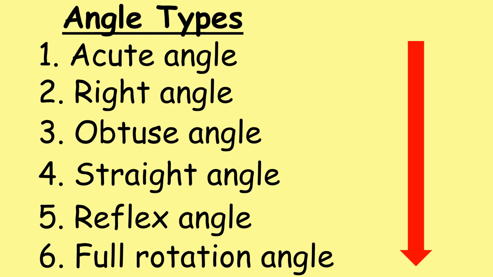So what it tells you is that an acute angle will be less than a right angle, and a right angle will be less than an obtuse angle, and an obtuse angle will be less in value than a straight angle, and then a reflex angle will be greater than a straight angle, and of course your full rotation angle in this particular case will be greater in terms of the value. So we're going from the least value to the highest value.